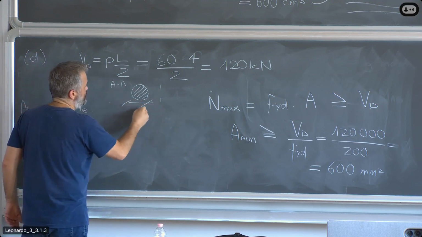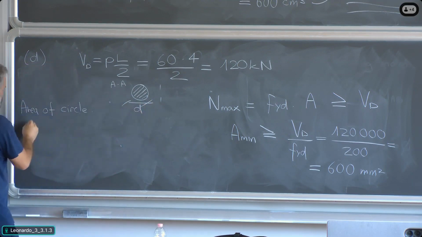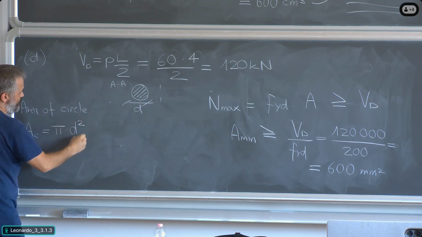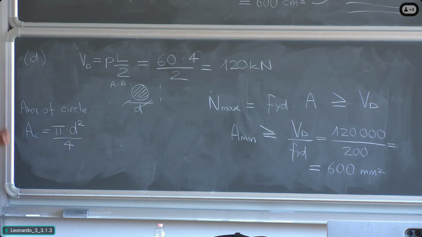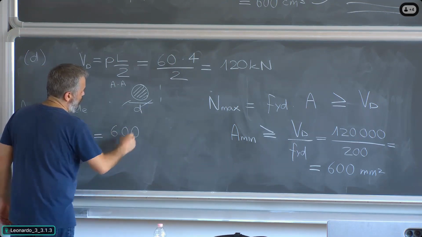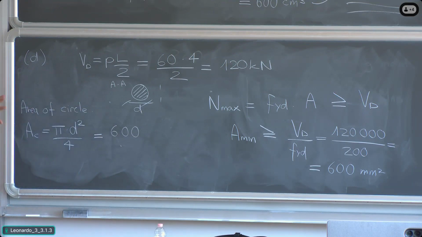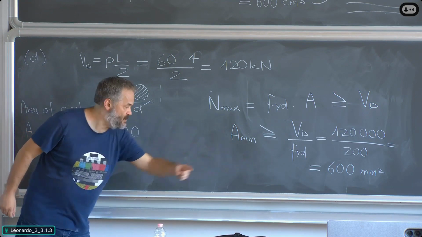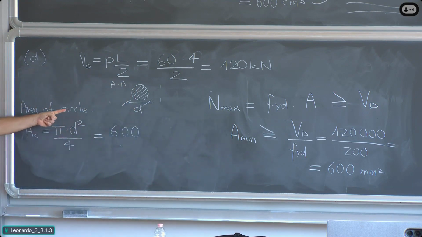If d is the diameter, the area of a circle is pi times d squared divided by 4. In our case, this has to be equal to 600 square millimeters. Let's do some working out. Here, 600 square millimeters equal to this, where you clearly highlight the diameter. What does it lead to?